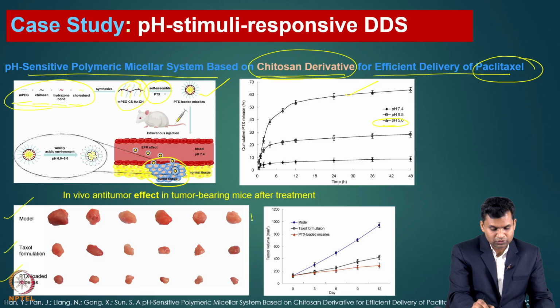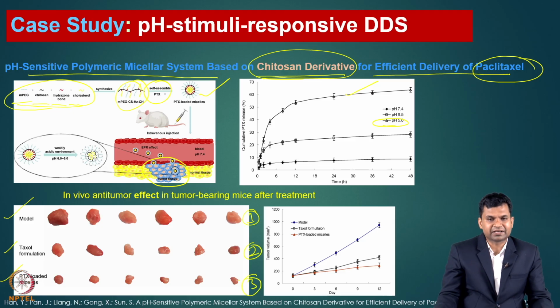The first one is the control, the second one is the marketed formulation, and the third one is the pH sensitive paclitaxel loaded chitosan micelles. So, you can see there is a decrease in the tumor volume, and that is represented here also.